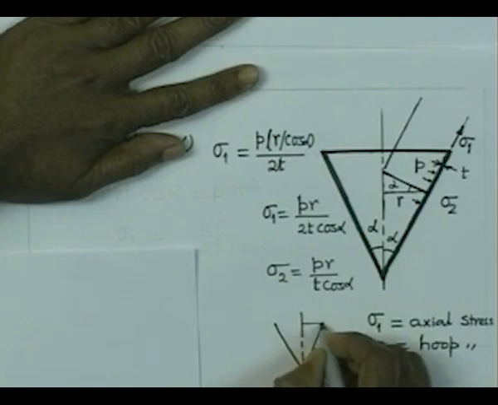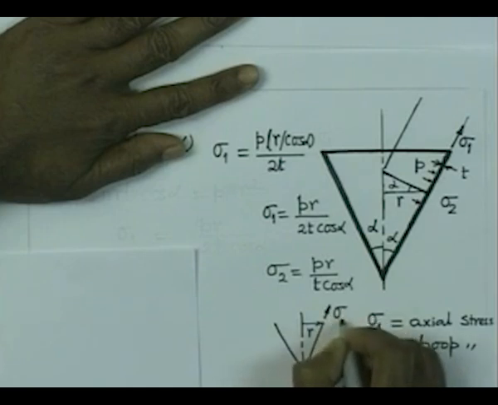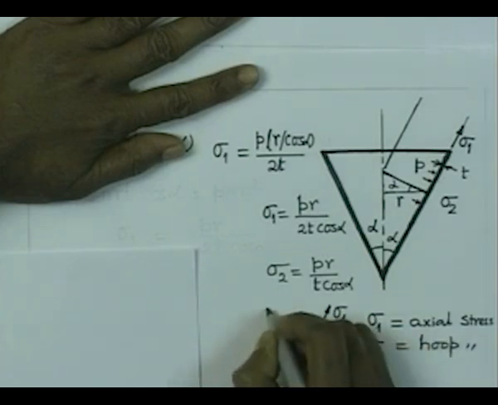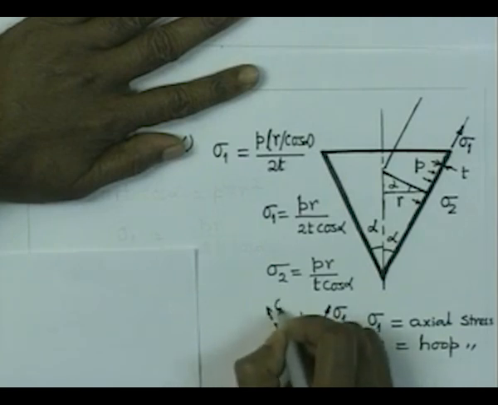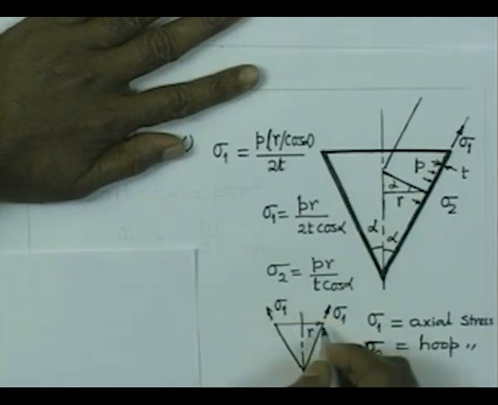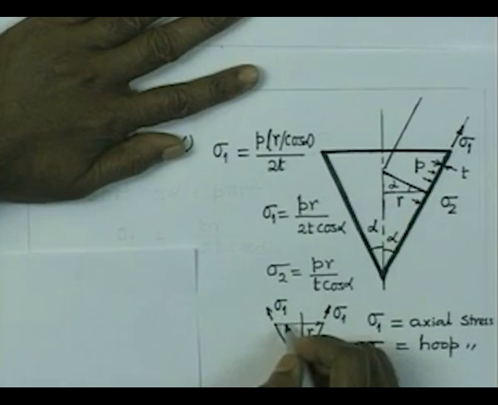We have this radius equal to r, and this is the stress sigma 1 acting on the material, and the pressure of the fluid is acting downward.